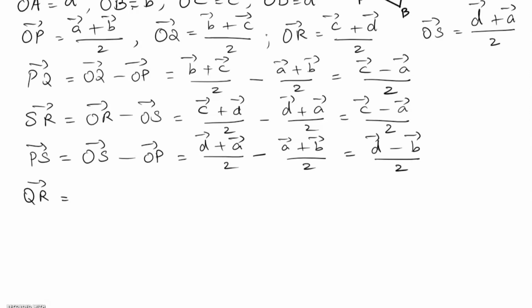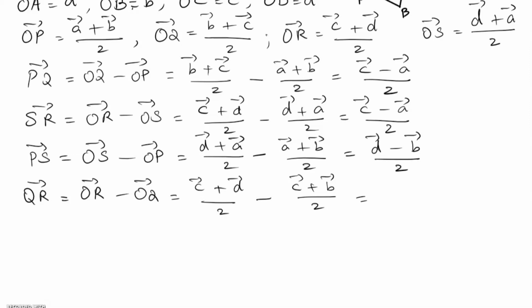That would be equal to OR minus OQ vector, and that would be equal to vector C plus vector D divided by 2 minus vector C plus B by 2. Solving, you will get vector D minus B by 2.